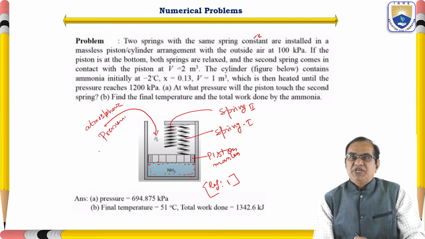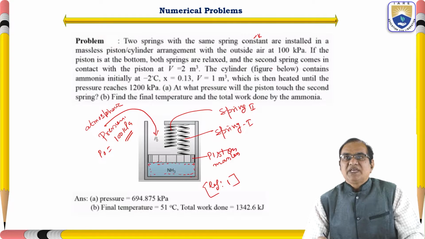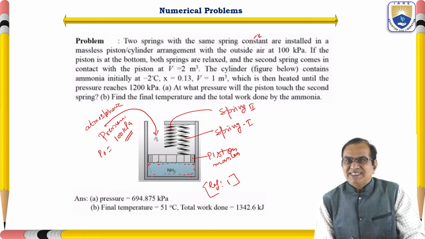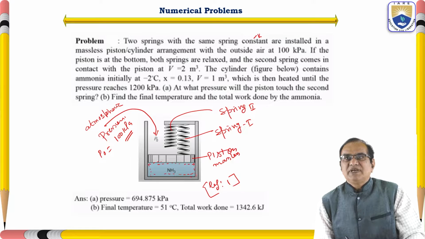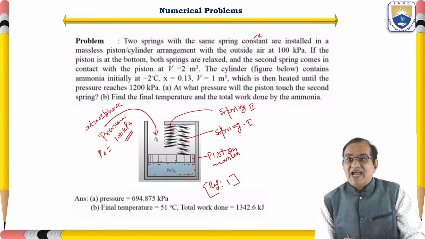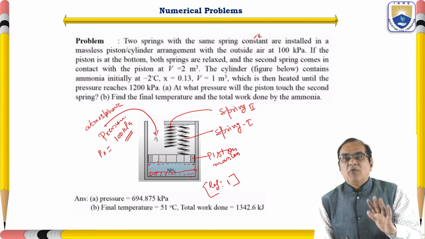So this P0, the outside air, is 100 kilopascal. If the piston is at the bottom, assume that the piston is just touching the bottom, meaning there is no volume. If the piston is at the bottom, both springs are relaxed. In that time, when it is at the bottom, no spring is touching. Both are free.